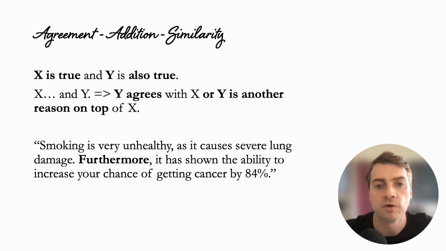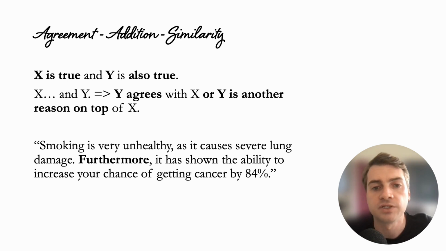So here, smoking is very unhealthy as it causes lung damage, severe lung damage. That's our X, okay? Now we see we have the transition of furthermore. Furthermore is an agreement, addition, similarity type of transition. So now we have the Y. It has shown the ability to increase your chance of getting cancer by 84%.